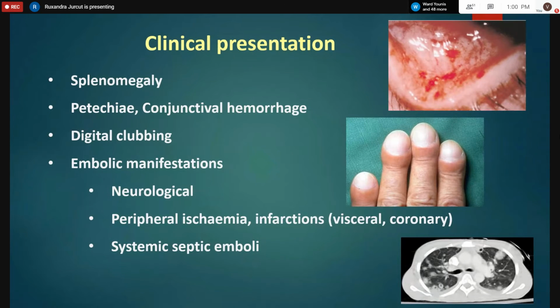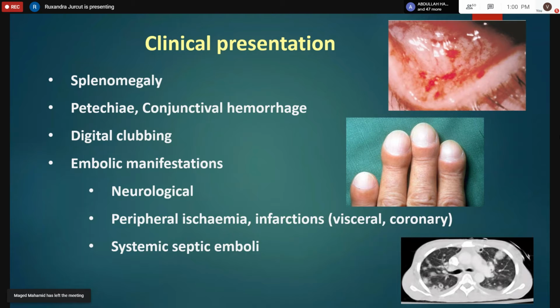The patients can also have clubbing, but this is not very specific. Maybe in patients with very long standing endocarditis it can appear, and the mechanism is not very well known because it's not similar to that in long standing hypoxia.